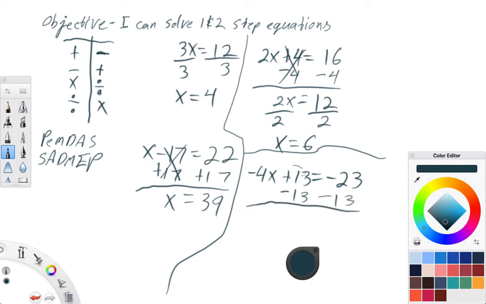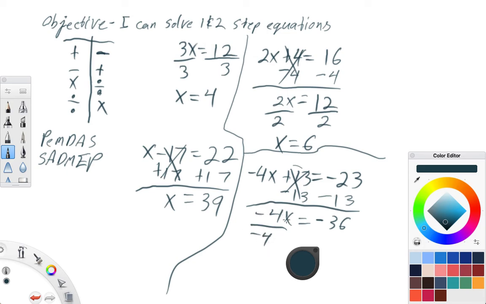And positive 13, negative 13 cancel each other out. Negative 4x equals negative 23 and negative 13. They're both negative, right? So 23 plus 13 is 36. And because they're both negative, it stays negative. Divide both sides by negative 4, right?